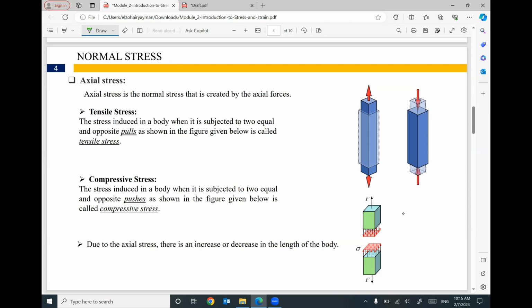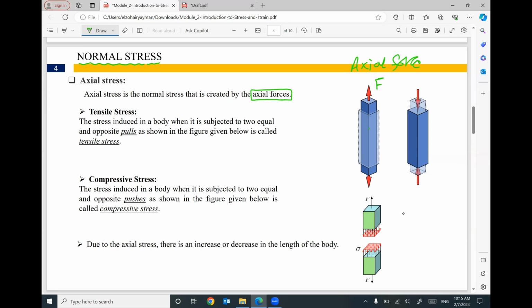So the normal stress can be called axial stress, but axial stress originally is normal stress. Axial stress is the normal stress that is created by axial force. If we have a member under the effect of a force, and this force is parallel to the member, this force will cause axial force.